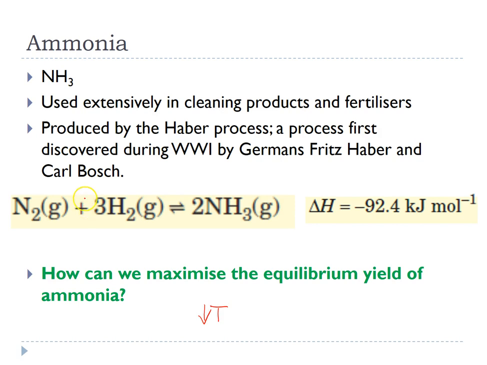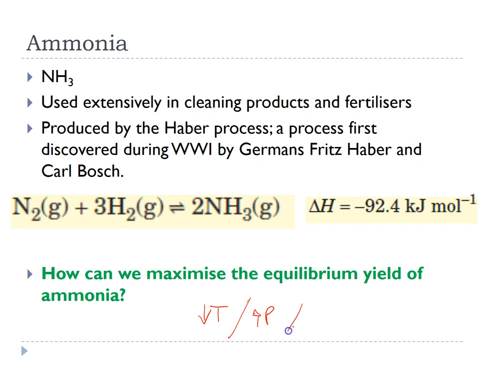It is a gaseous reaction, so we can also look at pressure. And if we consider the situation here, we have 4 particles on the reactant side and 2 particles on the product side. So if we increase pressure, we will actually also favor the product.